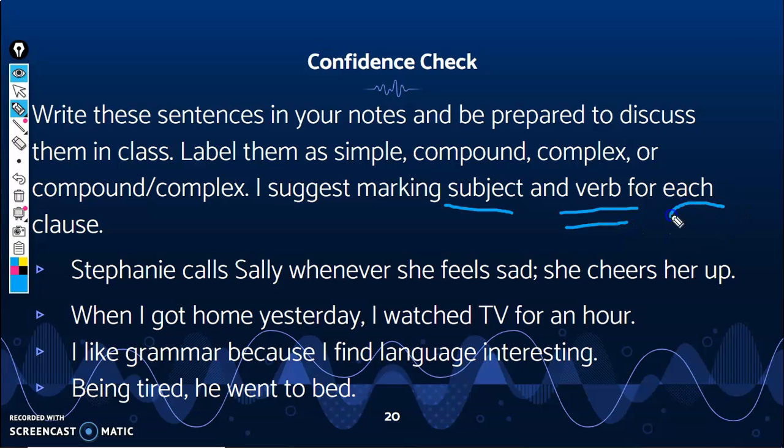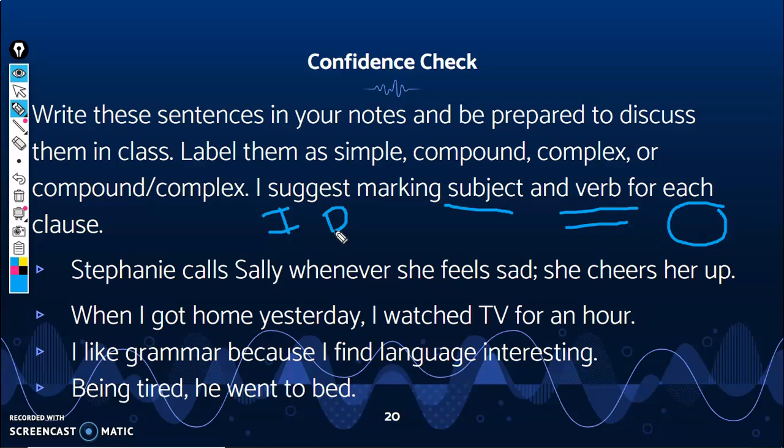I also suggest that you practice circling the conjunctions so you're getting into this idea of how things should look and feel, and it helps you to do it. Also, if it helps, label the independent and the dependent clauses to be able to decipher everything.